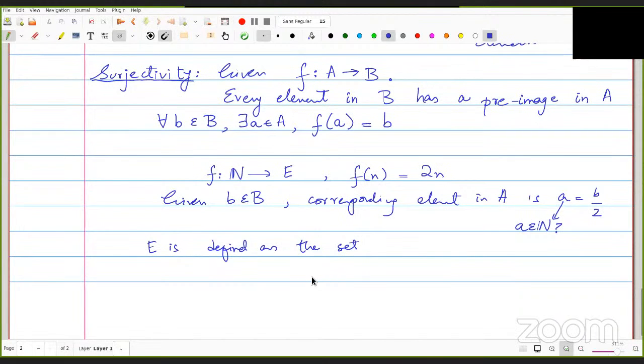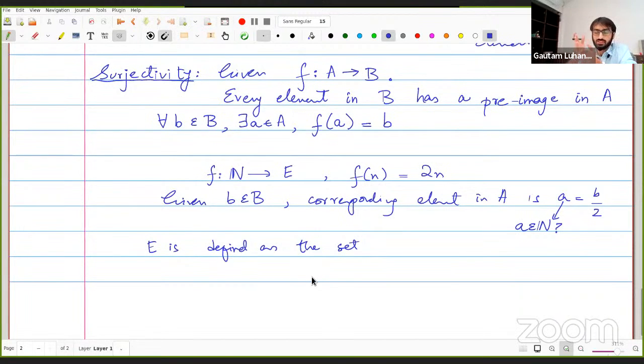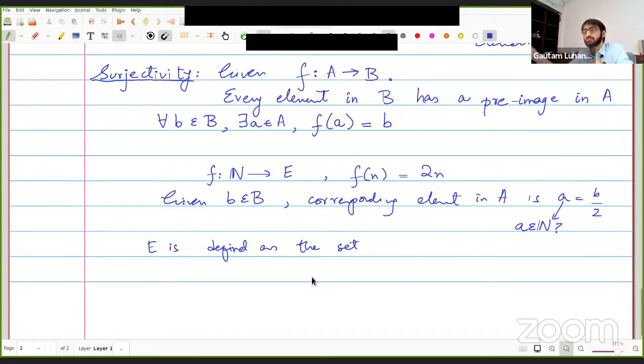Right. The only issue with that argument is that you're saying that if there's an x in N, then the corresponding element is 2x in E, which is fine, but you're saying that for every element in N, there is an element in E.